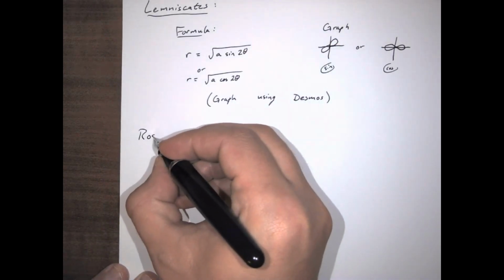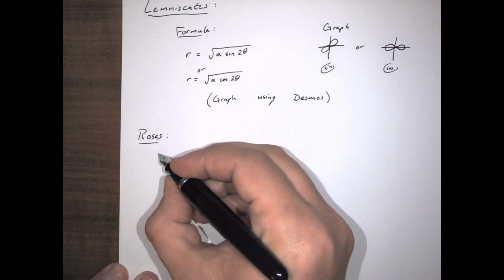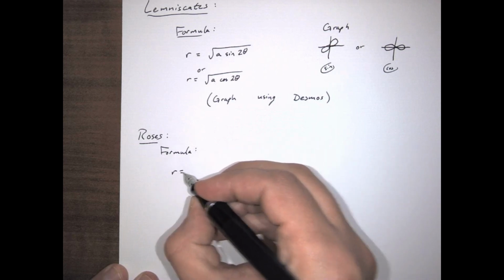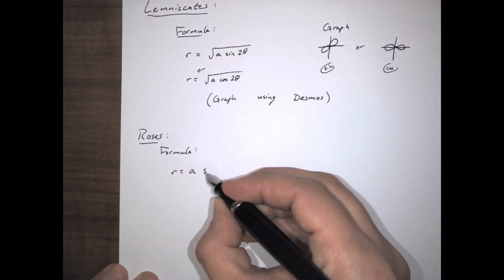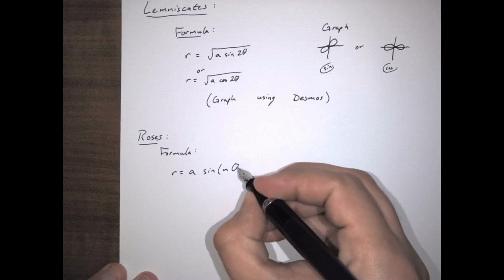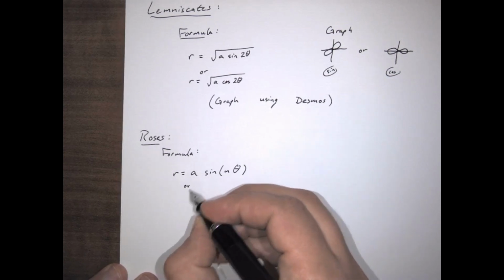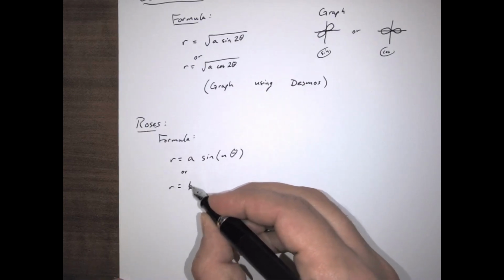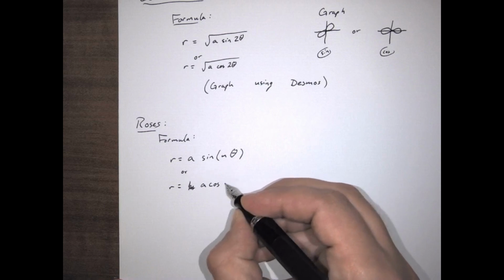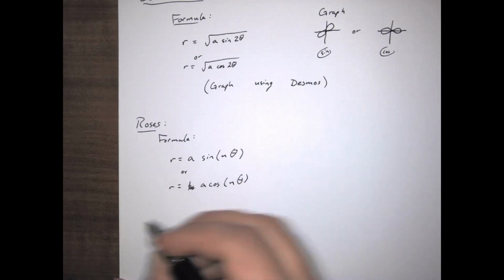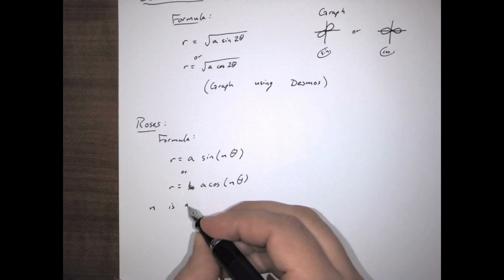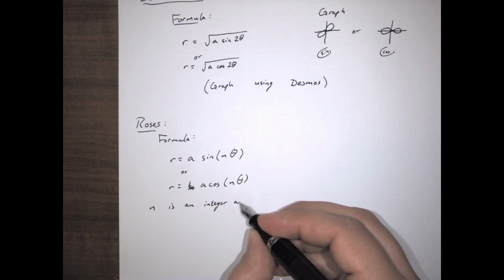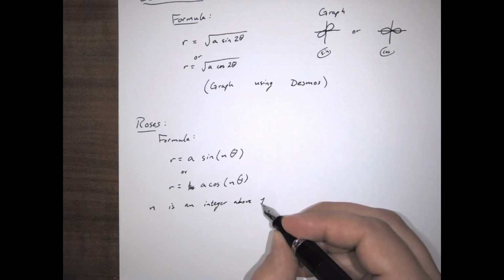And then for roses, the formula is of the form r equals a sine n theta, or r equals a cosine n theta, where n is an integer above 1.